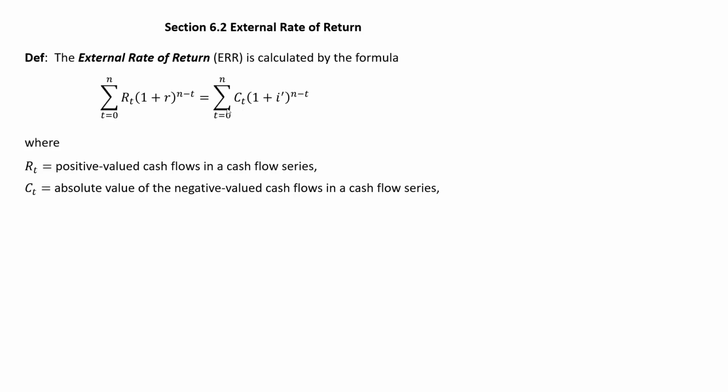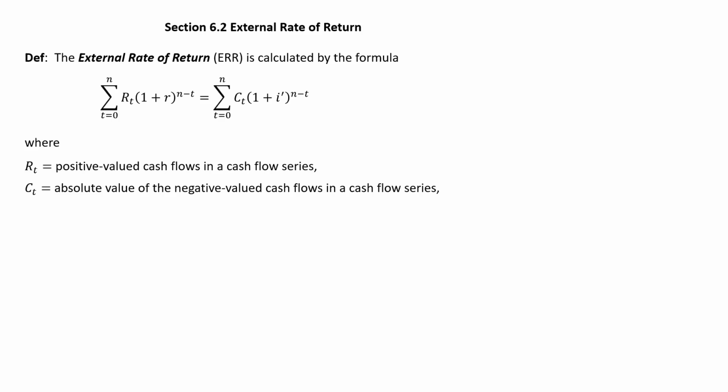Instead, use positive 10,000, right? That's all this is trying to say. Good. So for the negative cash flows, once again, you are projecting each one of those negative cash flows all the way to t equals n. That's what you're doing by using this formula, and eventually adding up all those negative cash flows.